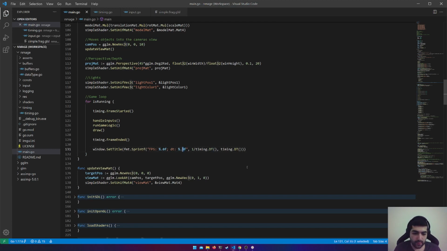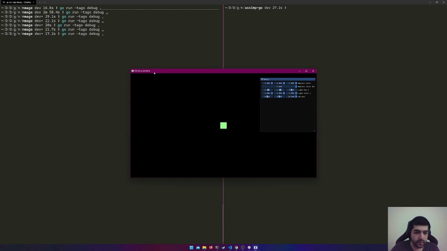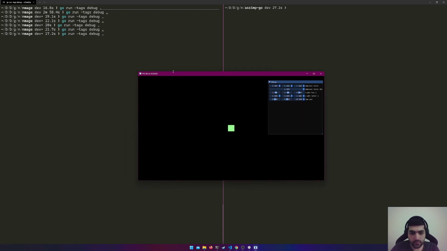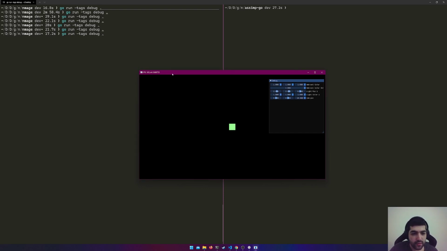Delta time can have even 6. Yep, now it makes more sense. So our delta time is 0.01 seconds and is pretty consistent. And then FPS is hovering around 100 FPS.